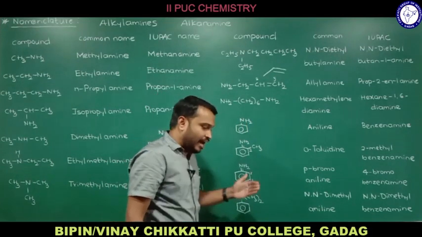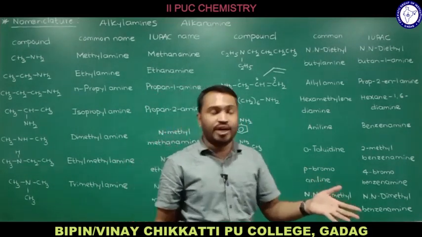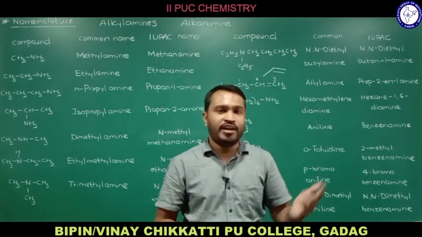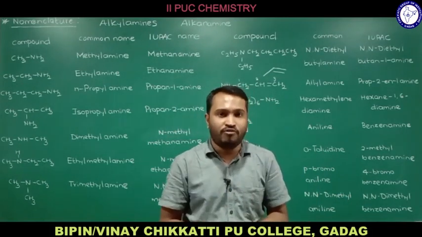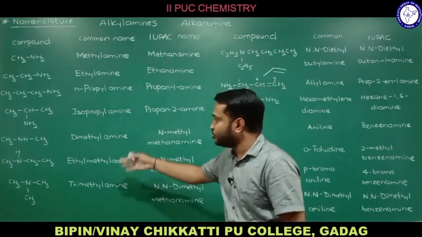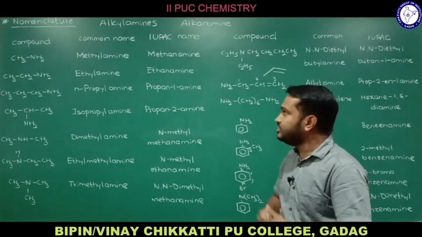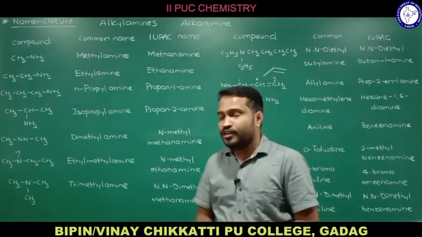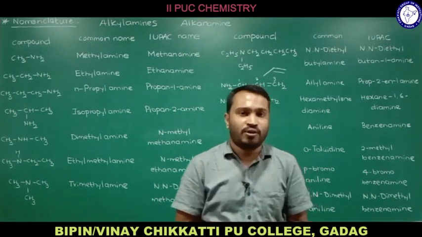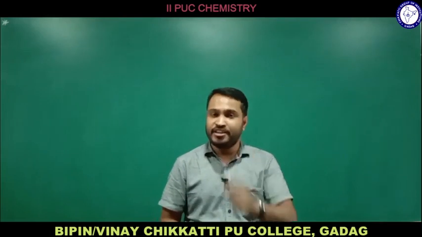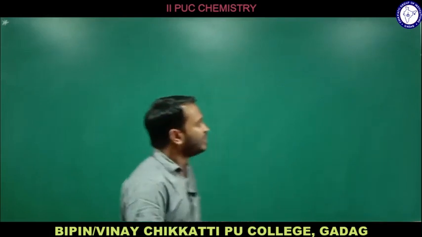So this is how alkyl amine is the common name for amines, and alkanamine is the IUPAC name of amines. This is how we can name straight or branched chain alkyl amines, and that was about the aryl amines. All these are the examples of the nomenclature of amines. We'll now discuss the preparation of amines.